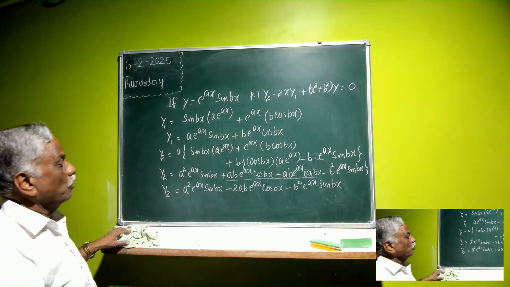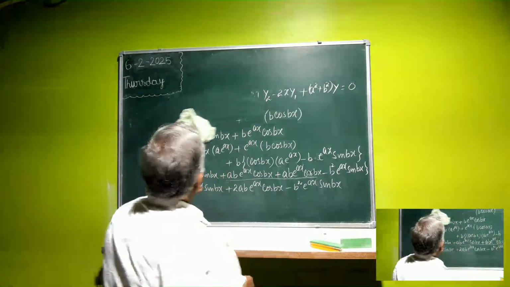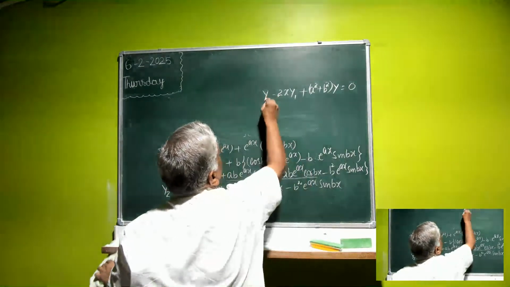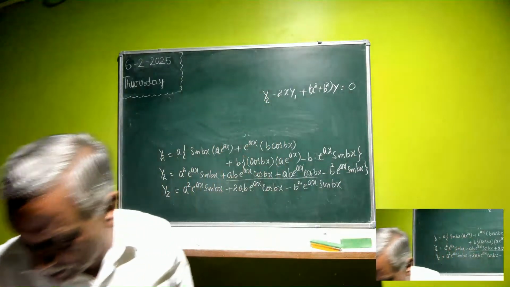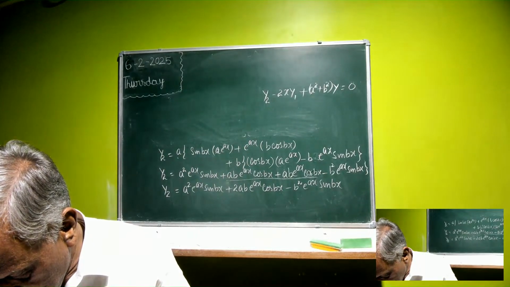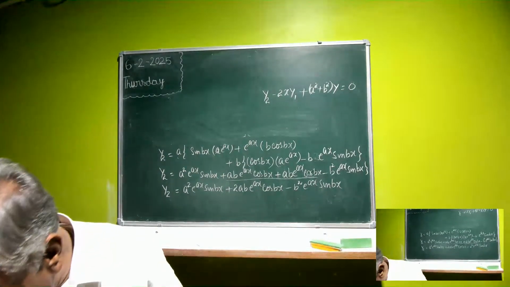Now we have to work that problem. Which one? What is the rule? Once you do the differentiation properly, put y2 minus 2x y1.